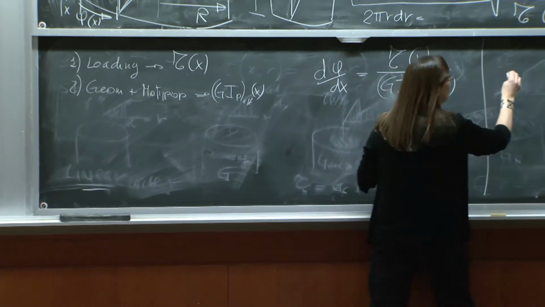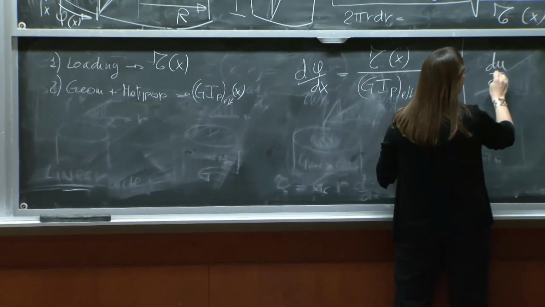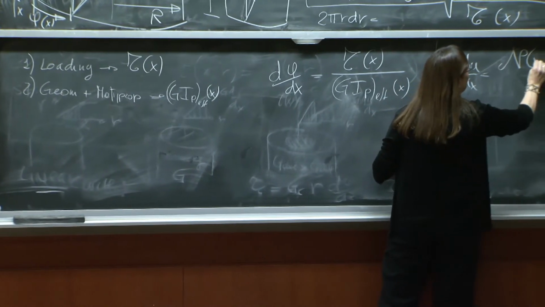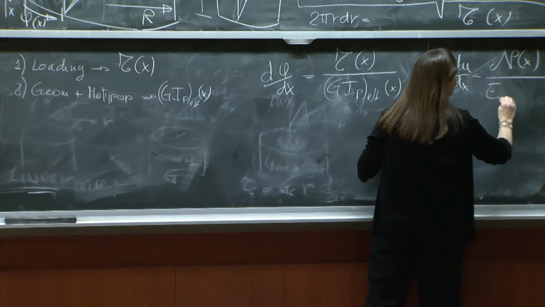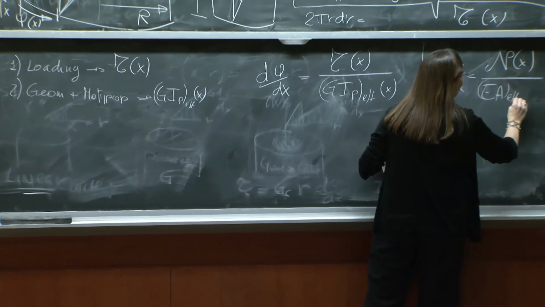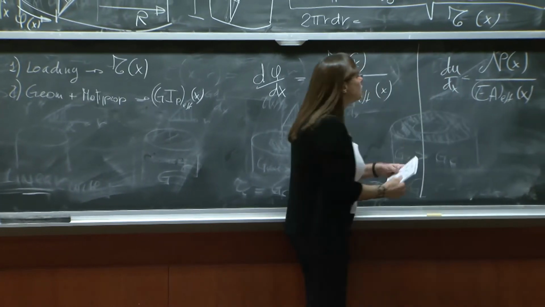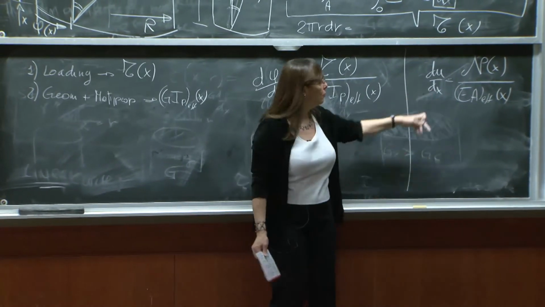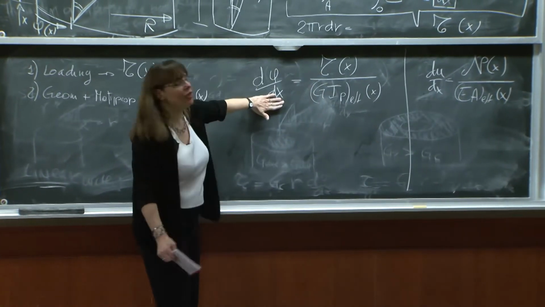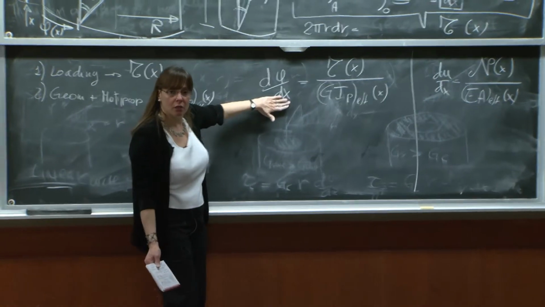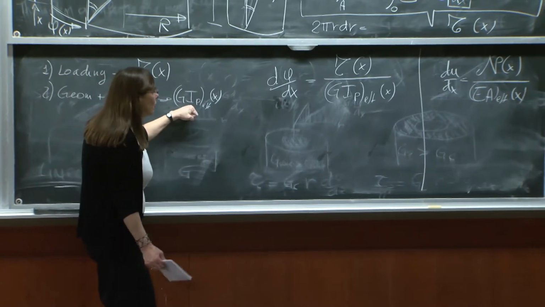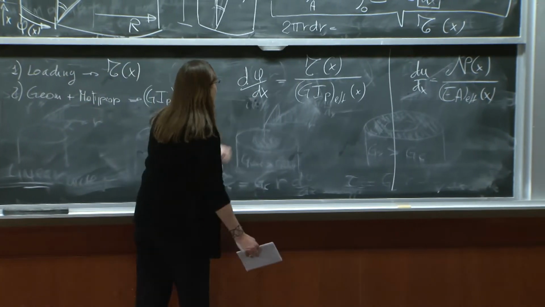This is the same as when we said du dx is equal to N of x divided by EA effective of x. This was the center of solving all my problems in axial loading. This is the center of solving all the problems with torsion. Get your torque resultant, get your GIP effective, you get d phi dx.